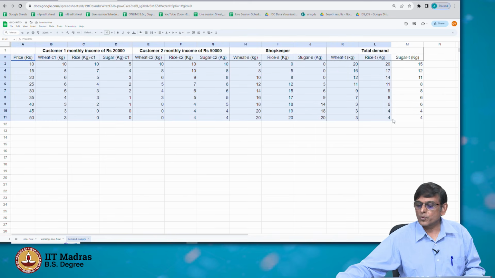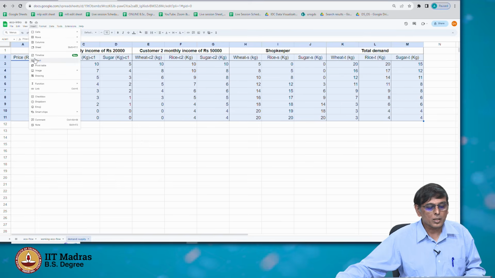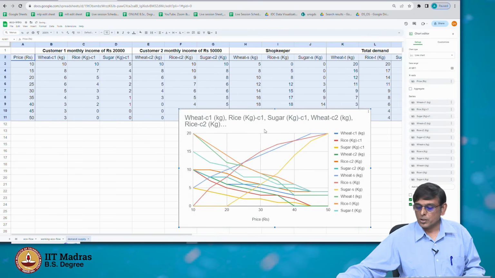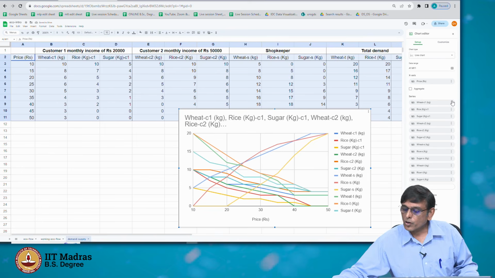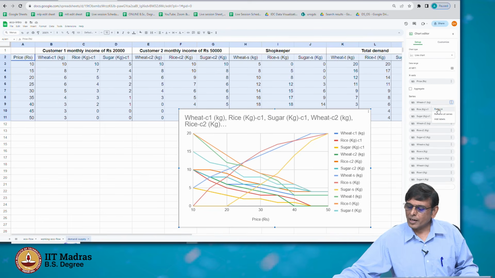Now, let me insert this chart. Okay, and then we want to remove. I'll keep the total demand. I'll remove everything else.